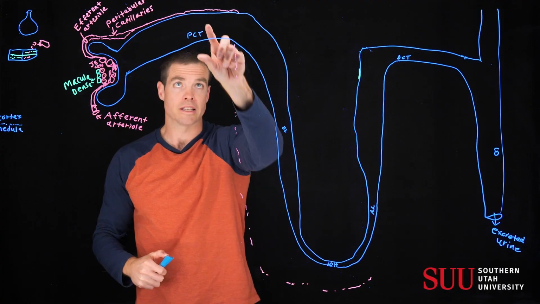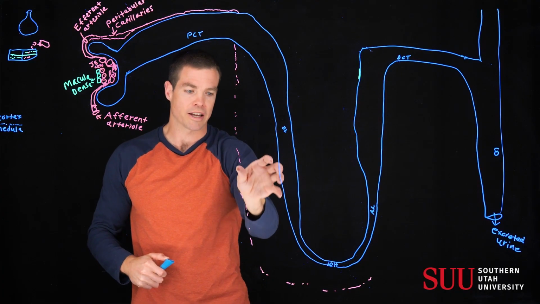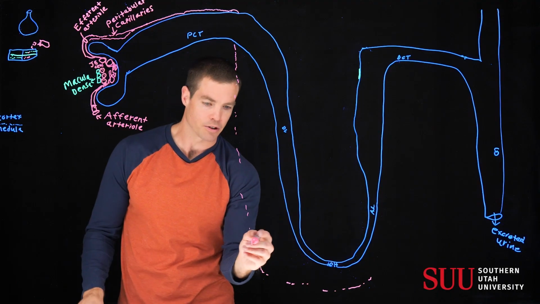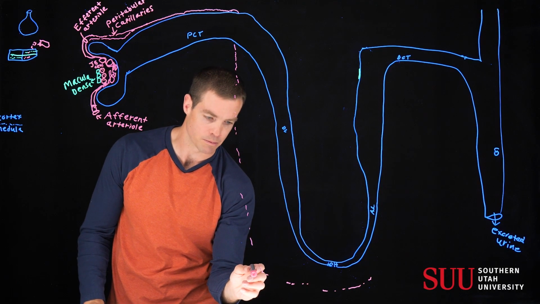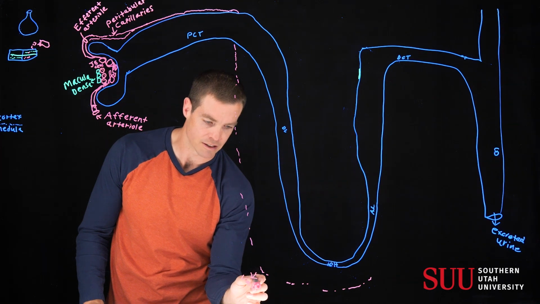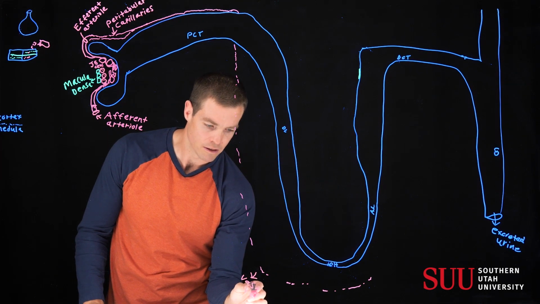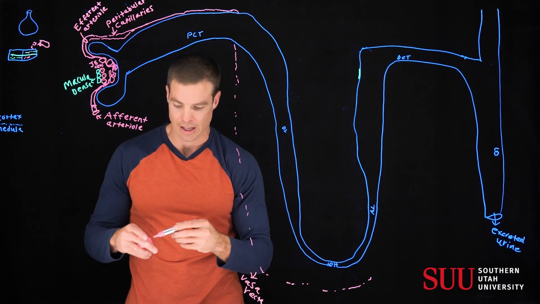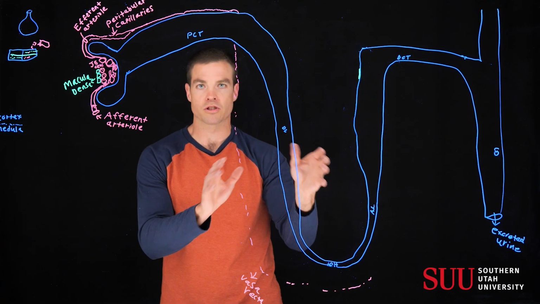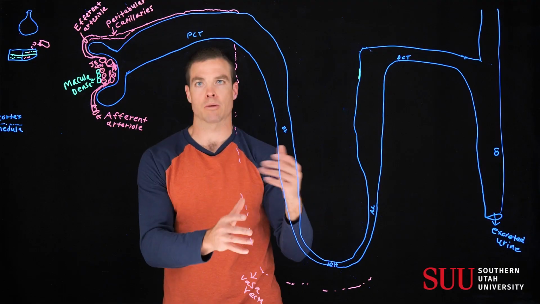Now, when these capillaries come down here, they kind of get modified, and I kind of wrote it here just so we can orient a little bit. This has a different name, and it's called the vasa recta.